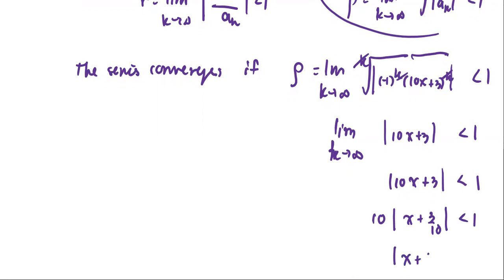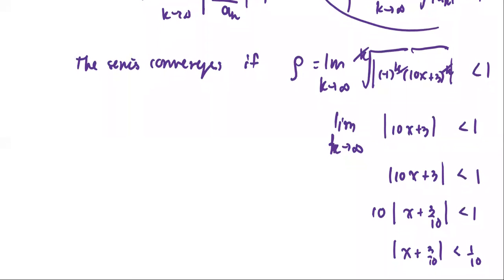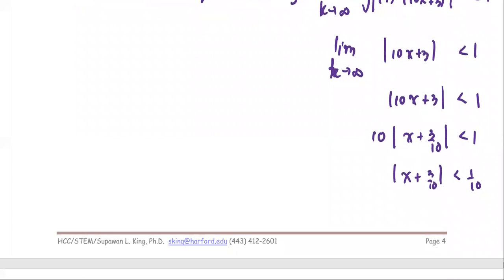Then we have the absolute value of x plus 3 over 10 less than 1 over 10. Then we get r, which is the radius of convergence, equals 1 over 10.